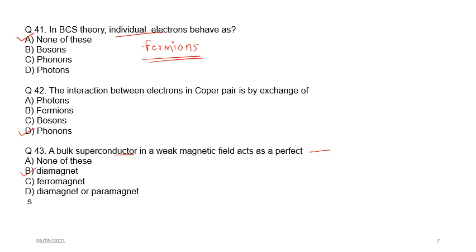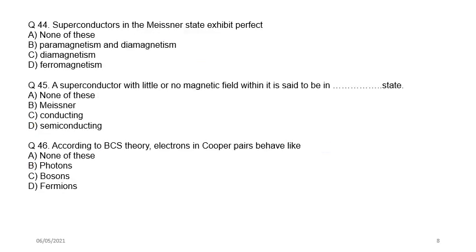One more thing: whenever a material behaves as a superconducting material, its magnetic susceptibility value is -1. Next: superconductors in the Meissner state exhibit perfect diamagnetism. The Meissner state means below the critical temperature and the applied magnetic field is less than the critical magnetic field.